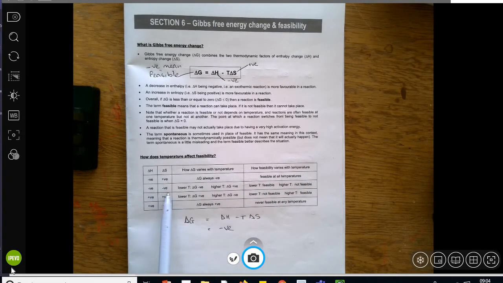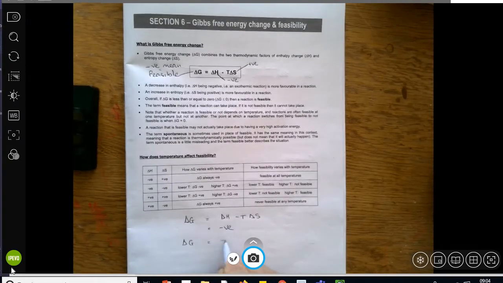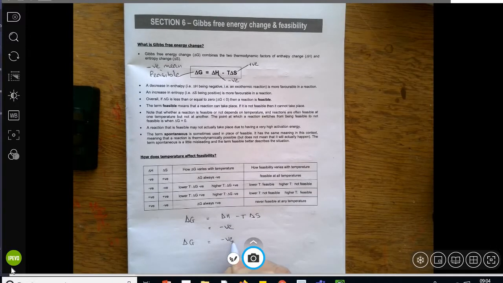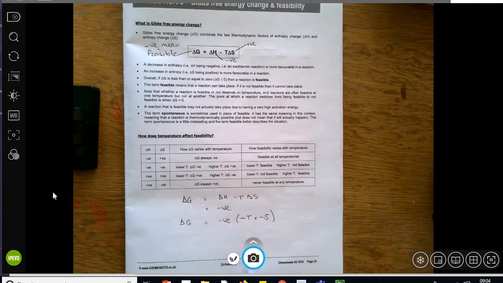If we look at this statement here, if we've got delta G and this number is negative, then the caveat is, as long as T times minus S, you can see those two numbers multiplied together will be a positive value, is smaller than the delta H. I do apologise, I'm getting side column there.